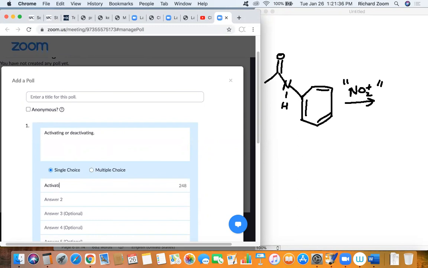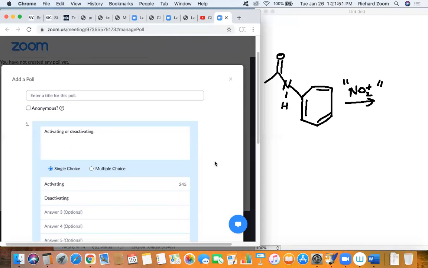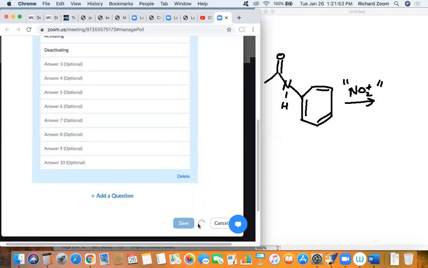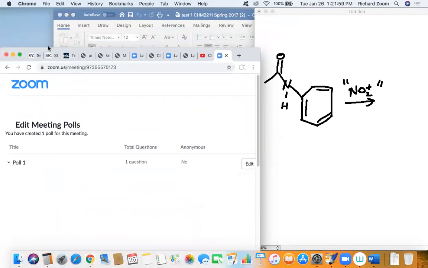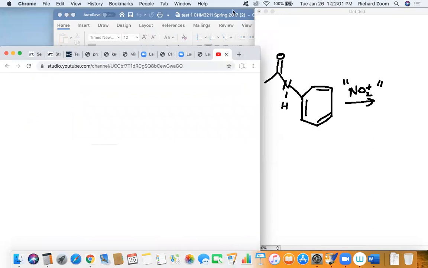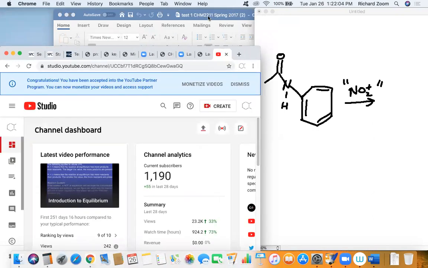I can only do one thing at once. I don't multitask very well at all. All right, two seconds, and we'll get to this in a second. Polling, here we go. Launch poll.